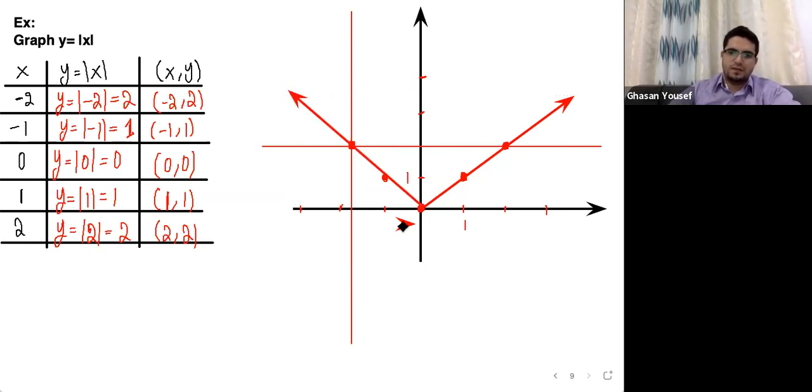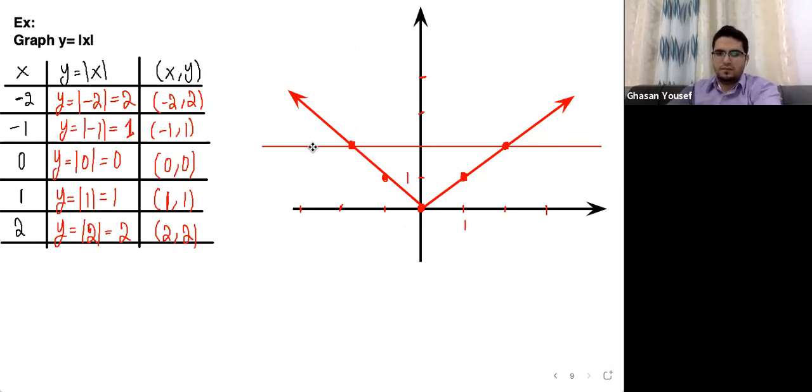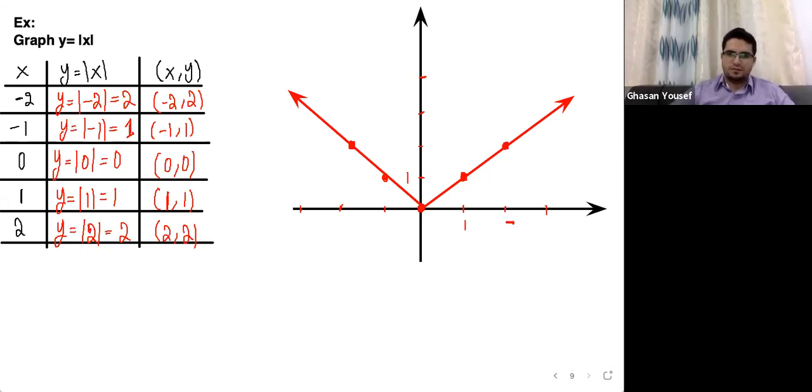Make sense? Any question? Any question for the absolute value? So this is the graph of the absolute value equation.